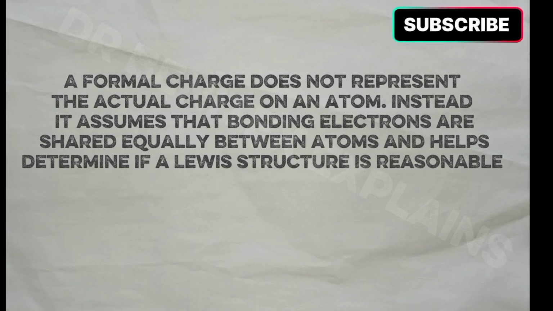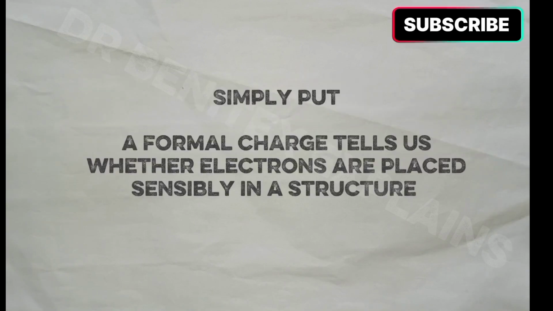Instead, it assumes that bonding electrons are shared equally between atoms and helps determine whether a proposed Lewis structure is reasonable. In summary, formal charge tells us whether electrons are placed sensibly in a structure.